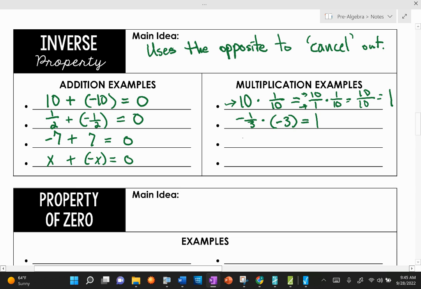Okay. So if we had b, how could I multiply something by b to get 1? Take the whole number. We'll pretend b is a whole number. 1 over b. That equals 1.